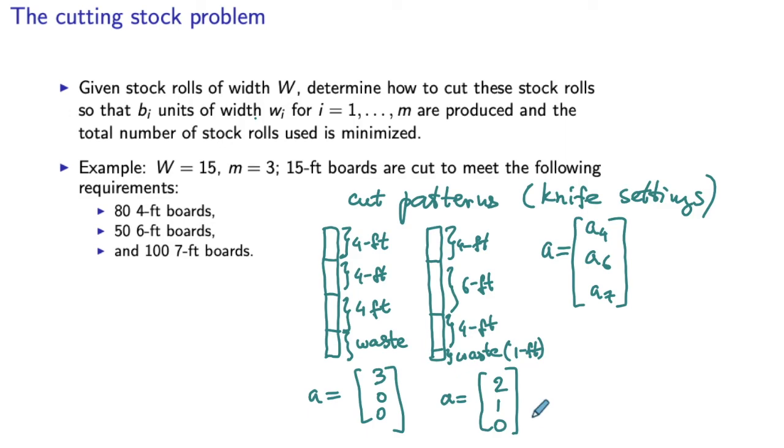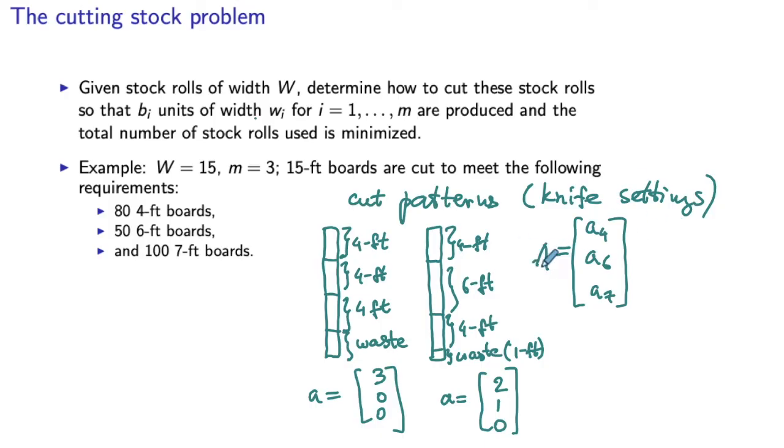Now, to solve our problem, we could try to enumerate all the possible cut patterns, and then all we need to do is to decide how many boards we are going to cut according to all these different cut patterns. Actually, to avoid ambiguity, let me use capital A to represent these cut patterns.